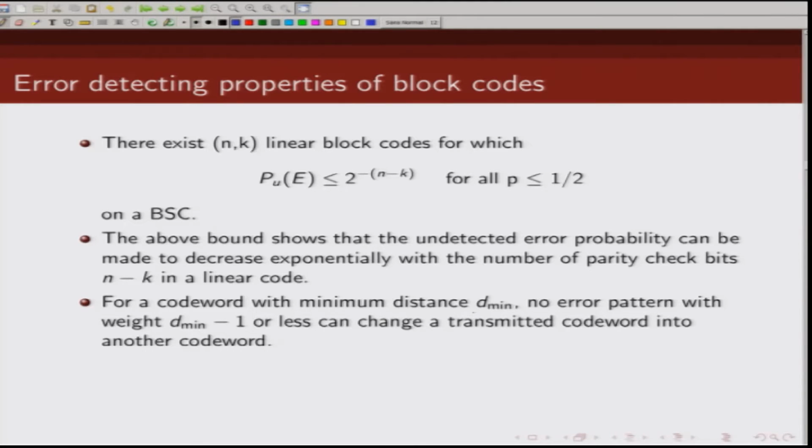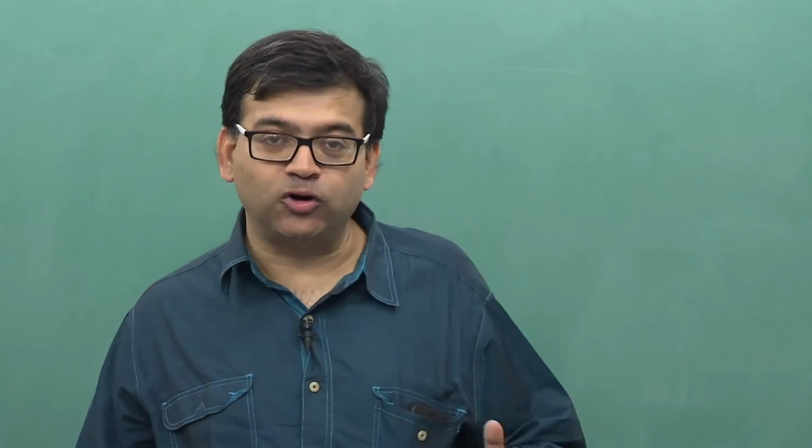Now, if we have a code with minimum distance d min, we know that any error pattern of weight less than or equal to d min minus 1 is not going to change a code word into any other valid code word. In other words, an error pattern of weight d min minus 1 or less cannot change a valid code word into another valid code word.